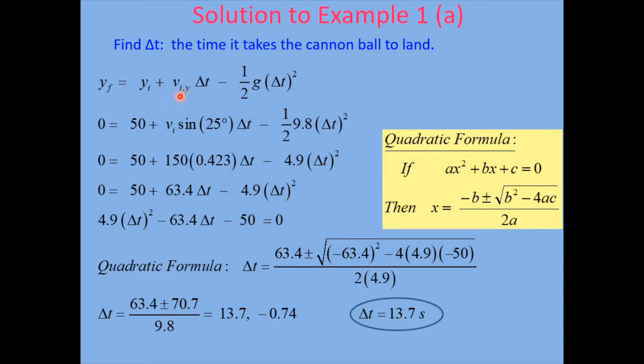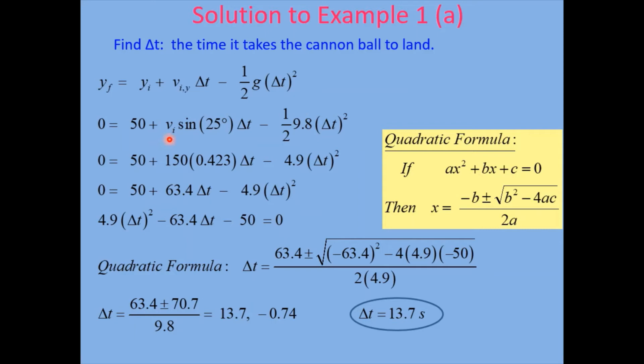And remember that we can find the initial y velocity by v sub i times the sine of the angle. And remember, the angle is 25 degrees. The other thing we can do here in this last term, we know, of course, that g is equal to 9.8. So now we can plug in a few more numbers.